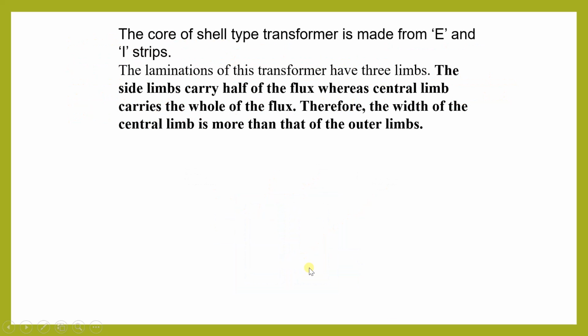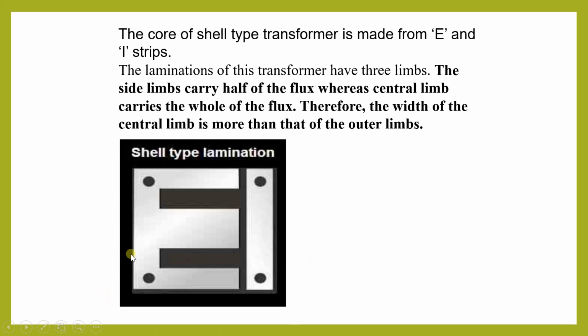The core of the shell type transformer is made from E and I strip. The shape of the core is E and I. The lamination as shown in the figure, this is E and this is I. The lamination of this transformer has three limbs. Three limbs means 1, 2 and 3.